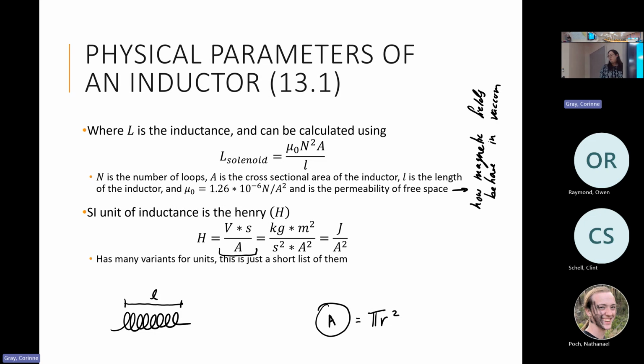But even with just the list here, we also have kilograms meters squared per second squared per amp squared. You can have joules per amp squared. If you look at the Wikipedia page, I think it goes all the way across the article, all the different ways you can represent the Henry. So if you just put everything into SI units and plug it in, your answer pops out in Henry. I'm not going to stress about you knowing all of these different variants.